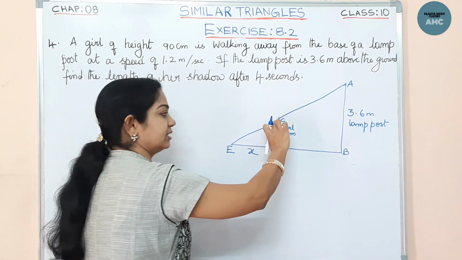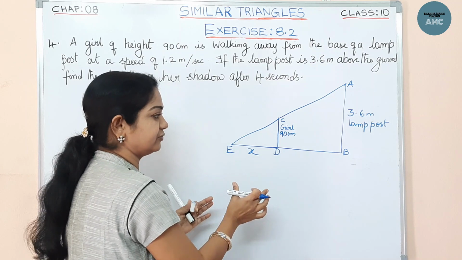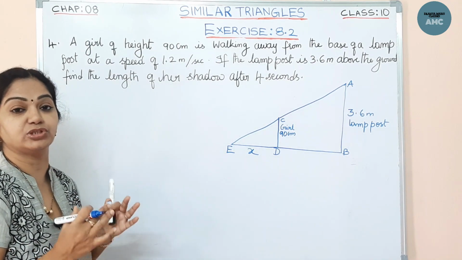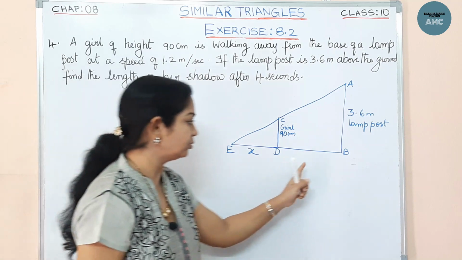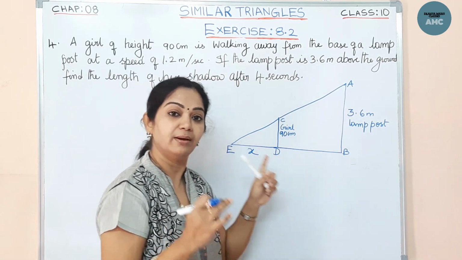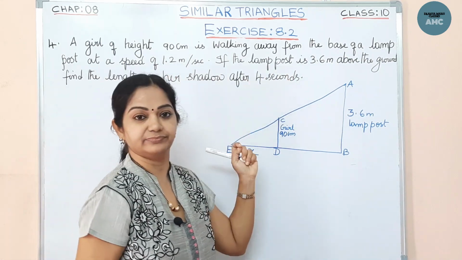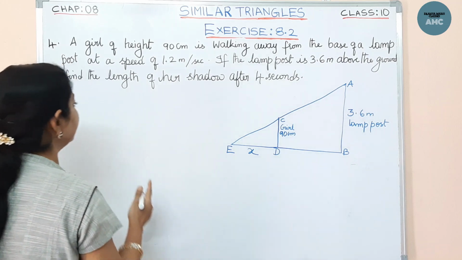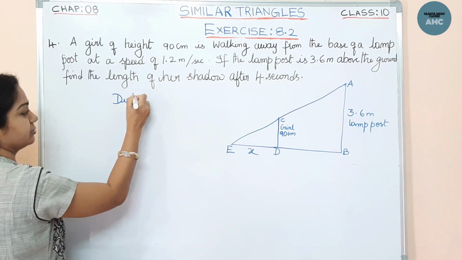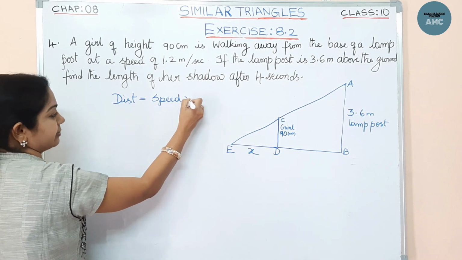Now, the girl is 90 centimeters, her shadow is X, which we need to find, and she is moving with a speed of 1.2 meters per second. I don't know how much distance she traveled, but I know the speed as well as the time. Now how do you get the distance? Distance is equal to speed into time, isn't it?